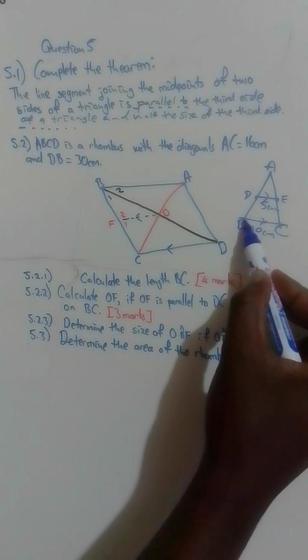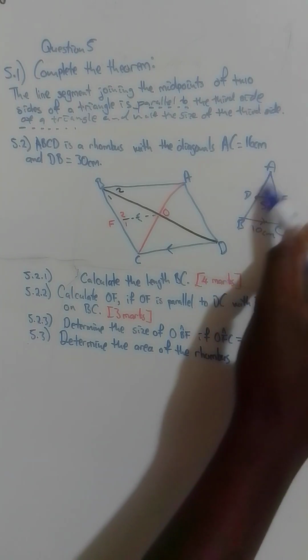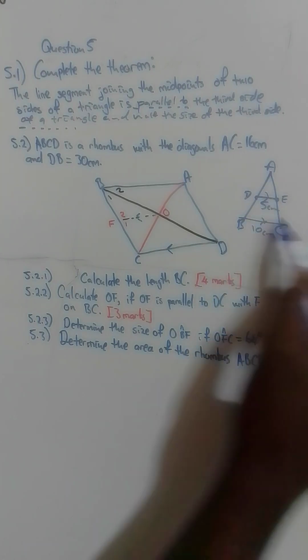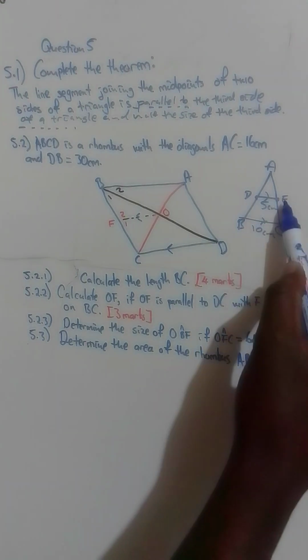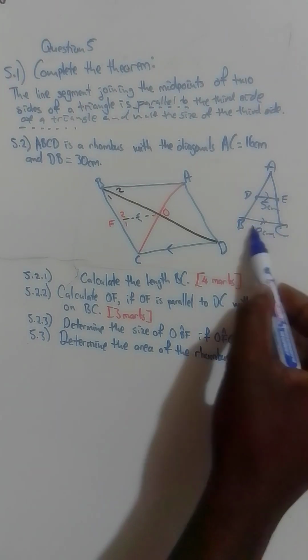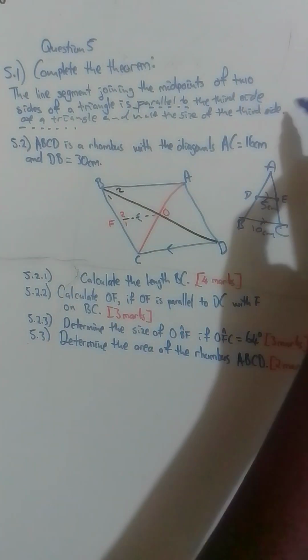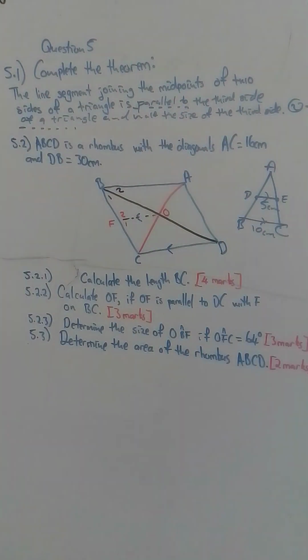Remember, line BC is what we're calling the third side. We're saying this is side number 1, side number 2, and this is side number 3, the third side. So line DE is half the size of this third side, and you would get your 2 marks. That's what they wanted.